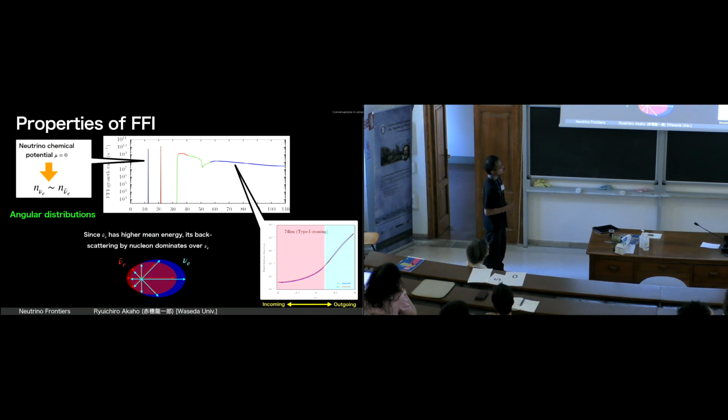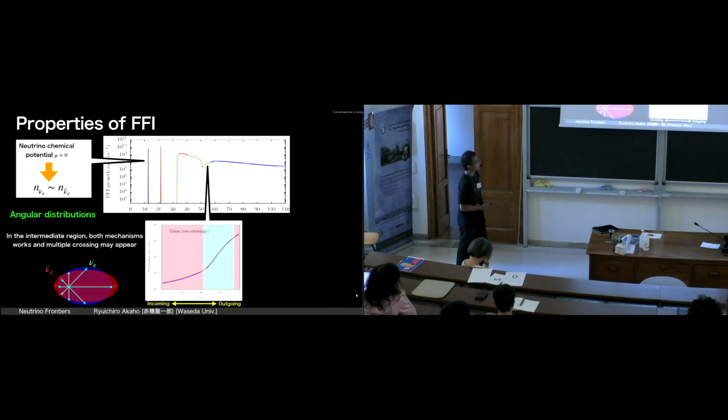So it makes the ingoing part of the anti-electron type neutrinos dominant over the electron type neutrinos. So that's the origin of the type 1 crossing occurring here. And in between, both effects compete, so there are multiple crossings appearing.